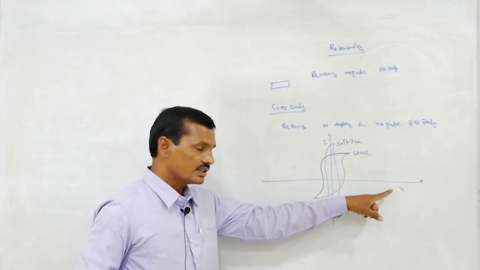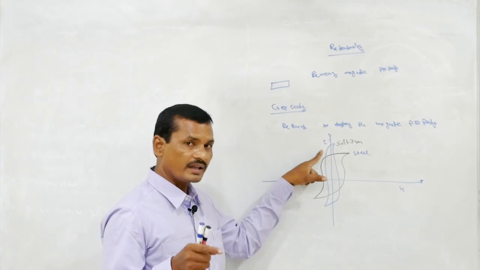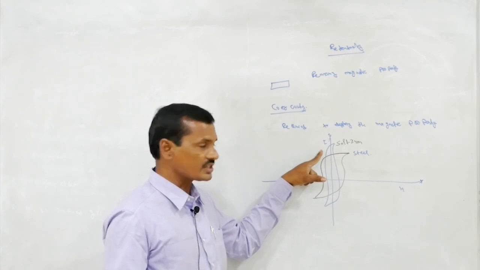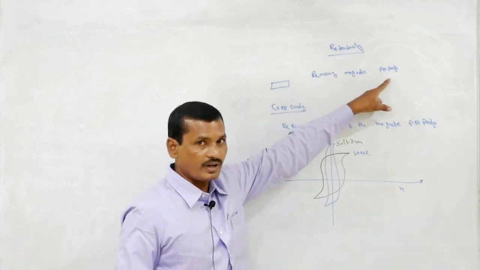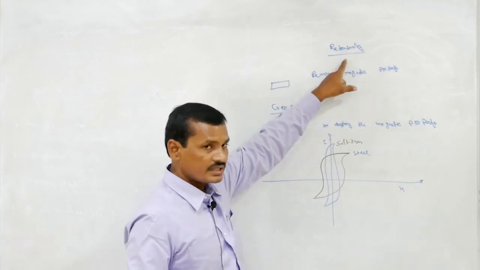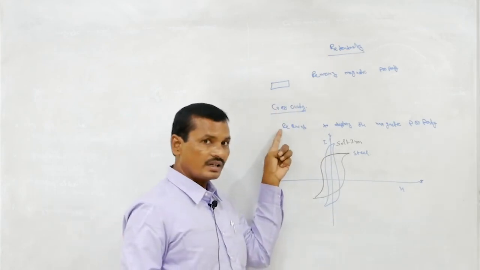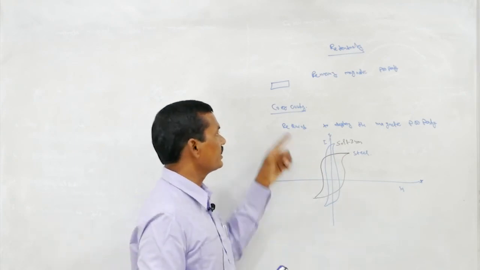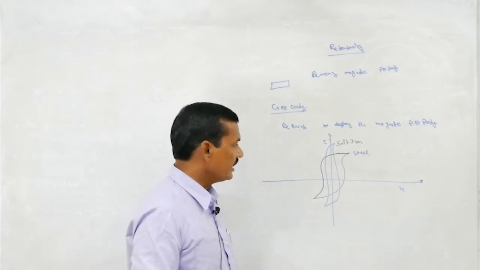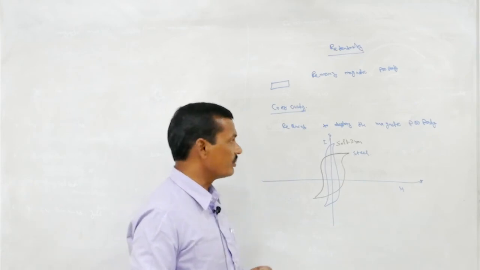This is the external magnetic field, this is the magnetization of a sample. Therefore, the remaining magnetic property of a sample is called retentivity, and the field required to destroy the magnetic property is called coercivity.